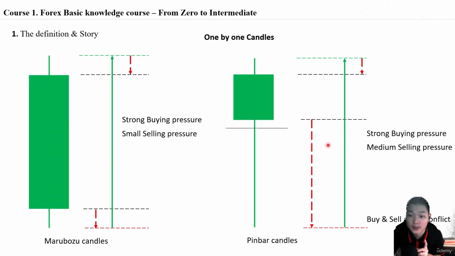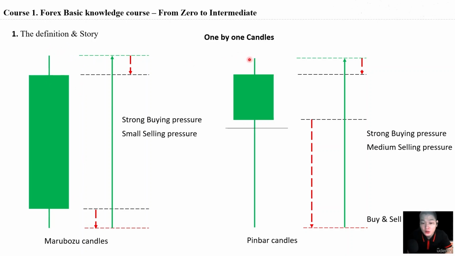And one more thing you need to remember with Binba: how to define it. Normally, new members need some standards to define which one is a Marubozu candle and which one is a Binba candle. For the Marubozu candle, you can see very clearly the body is very big and the tail on top is small.